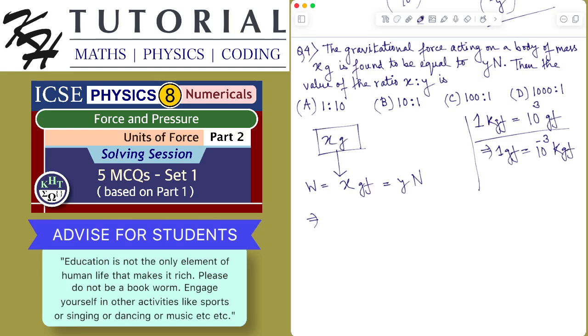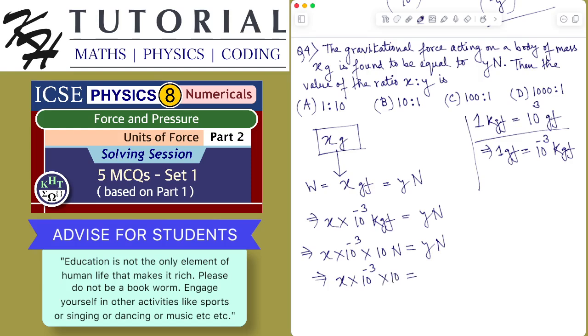So now I can say x gf means x multiplied by 10 to the power minus 3 this much kgf is equal to y Newton. This implies 1 kgf is 10 Newton. So we have x multiplied by 10 to the power minus 3 multiplied by 10 Newton is equal to y Newton. If I cancel Newton from both the sides, I have x multiplied by 10 to the power minus 3 multiplied by 10 is equal to y.